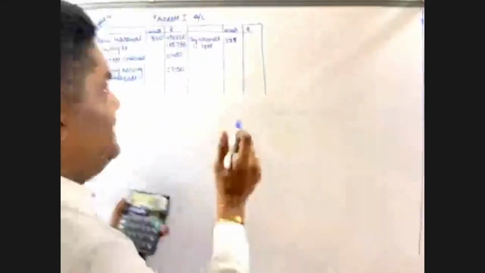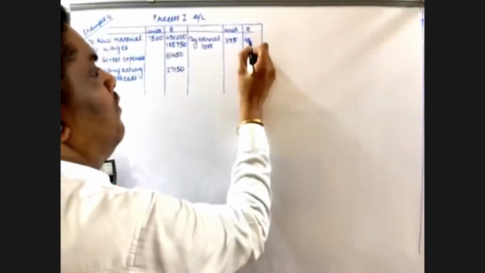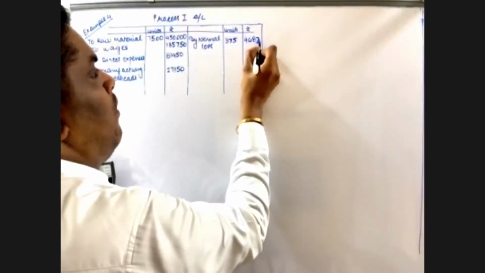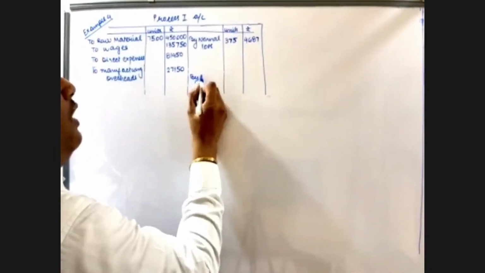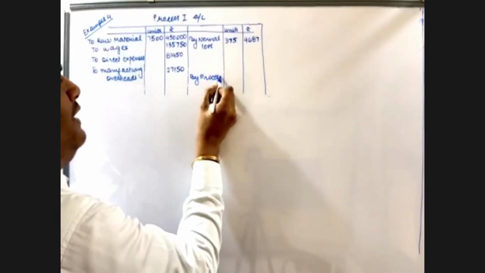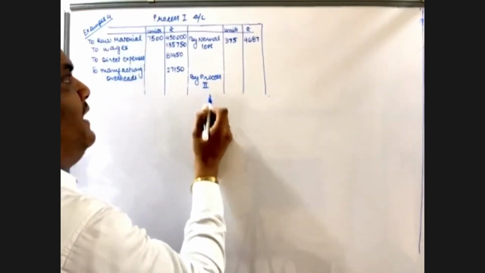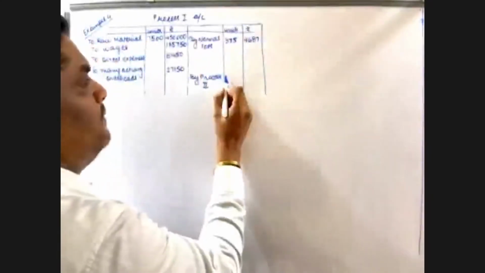So 4,687. Further, it is given that the output of process 1 to be transferred to process 2 is 7,050.